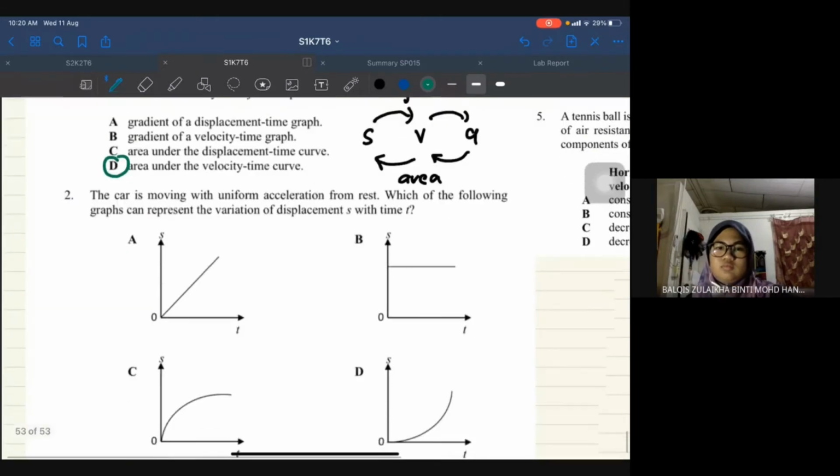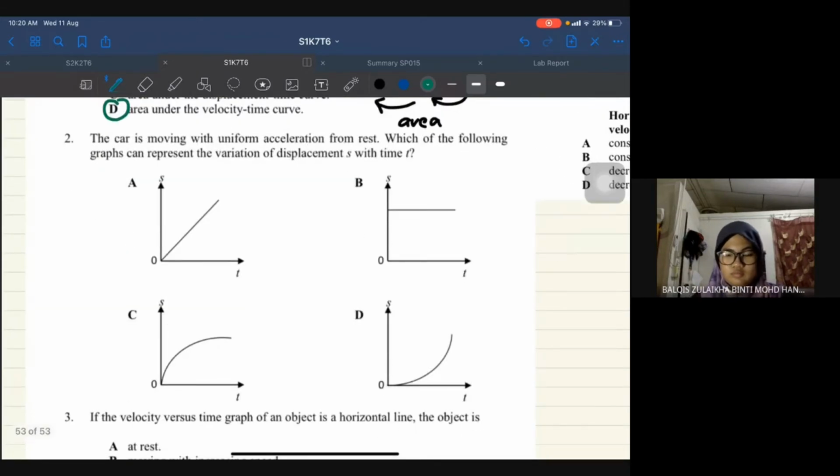Question number 2, the car is moving with a uniform acceleration from a rest. Which of the following graph can represent the variant of displacement S with time t? Okay, it has a uniform acceleration from a rest. So yang B tu kita boleh cancel out sebab this one letak dia stationary.